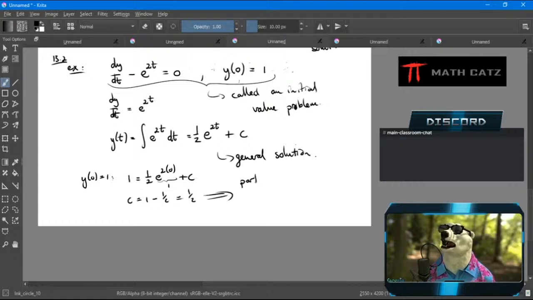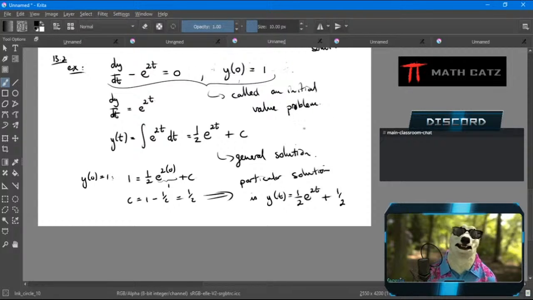So that means my particular solution is y as a function of t, 1/2 e to the 2t plus 1/2. Now I know specifically which one. This is a solution to the initial value problem, which has the differential equation giving me my general solution and some extra information, which is just a point. Can be at 0, can be anywhere else, doesn't matter, allowing me to find the particular solution.